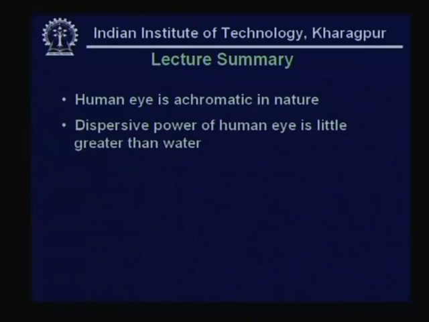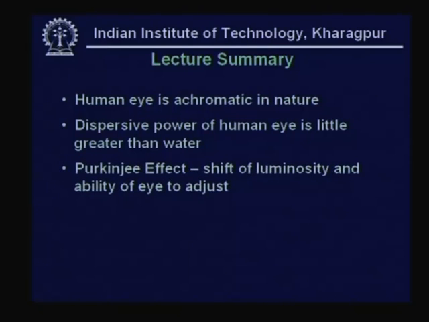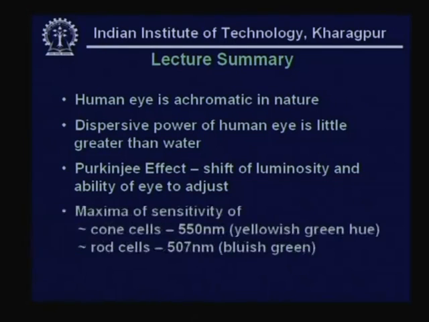As already said, the human eye is achromatic in nature, and the dispersive power of the human eye is a little above that of water. The ability of shifting luminosity and adjusting to varying levels of illumination and focusing, which we call accommodation and adaptation, is also known as the Purkinje effect.